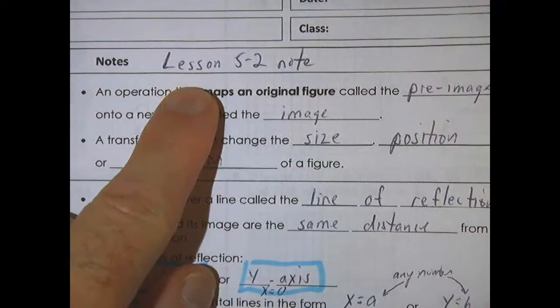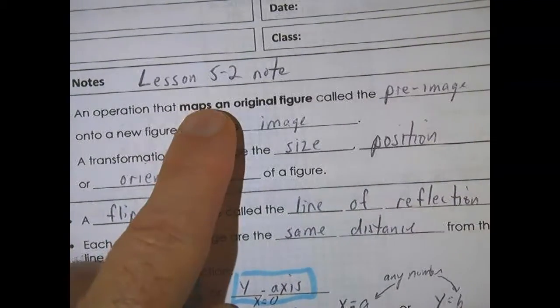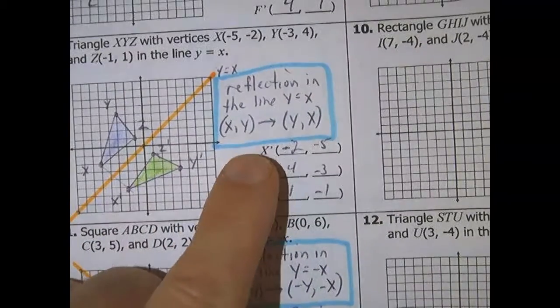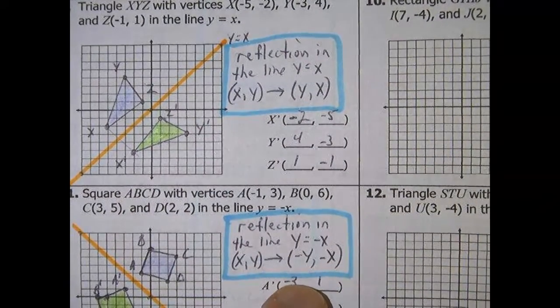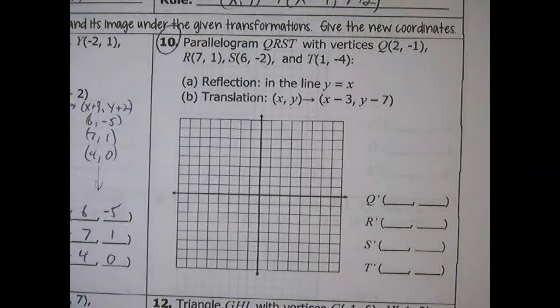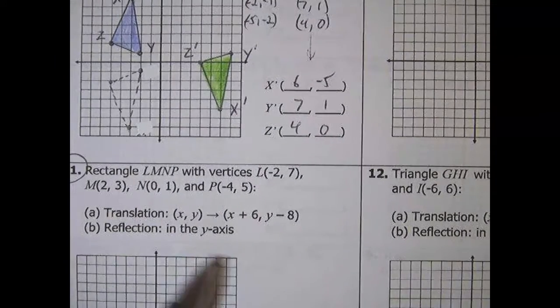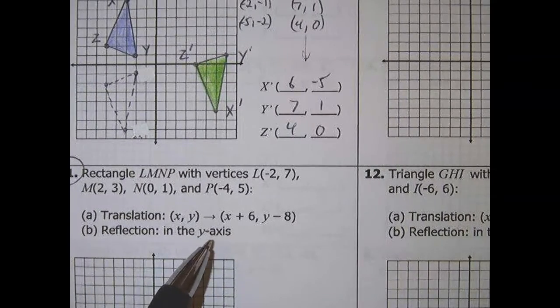Here's the rule for reflecting over the x-axis, the rule for reflecting over the y-axis, and then on page 2, we came up with the rule for reflecting over the line y equals x and y equals negative x. I'm going to refer to these in example 10, where we first reflect over y equals x, and then number 11, where we reflect over the y-axis again.